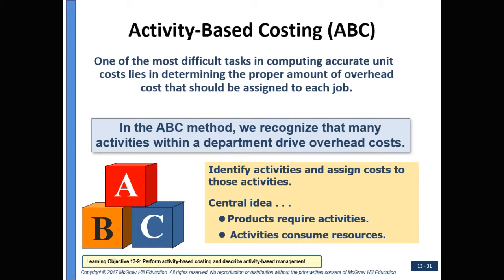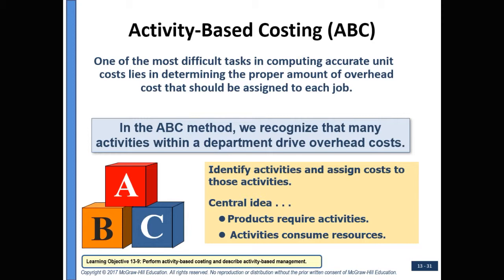I will use the term recent loosely, and in recent years, what is called the ABC or activity-based cost method came about. In ABC, we recognize that there are a lot of activities within a department that drive the overhead costs. It's not only direct labor hours.